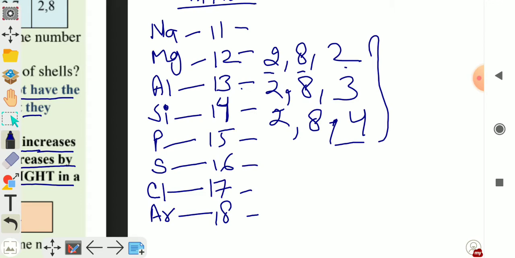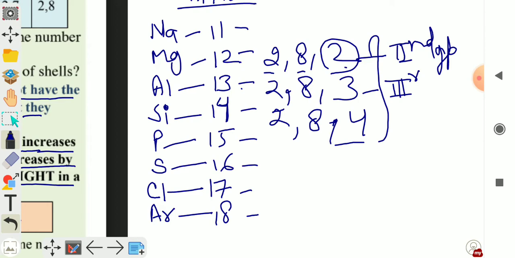The outermost orbit or valency electrons are 2 in magnesium, so it will be placed in the second group, while aluminum will be placed in the third group because it has 3 valency electrons, and silicon will be placed in the fourth group because it has 4 valency electrons.